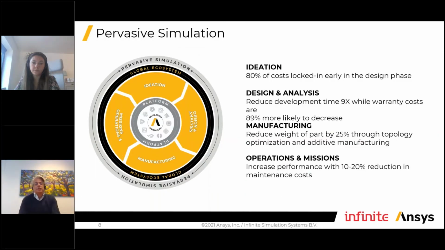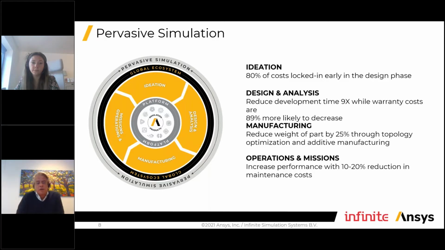If you look at simulation over the years, things have changed. In the past, simulation was more like a control tool. You design something and you want to know if it did what you thought it would do. But nowadays, even at the ideation phase, the conceptual phase, you can use Ansys, for instance Ansys Discovery, to investigate if one design parameter does a better job than another one, and that can be everything, materials or parameters.